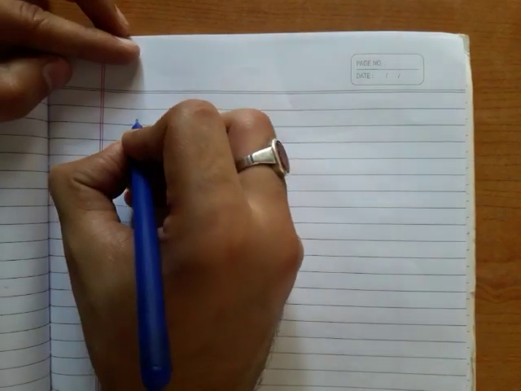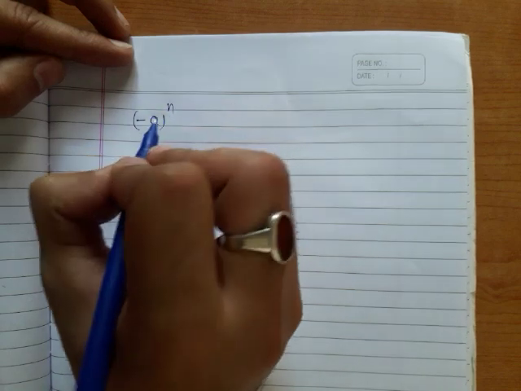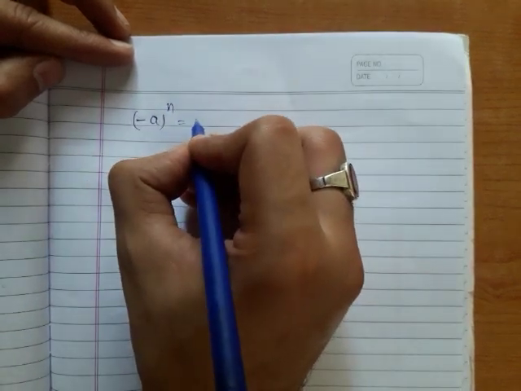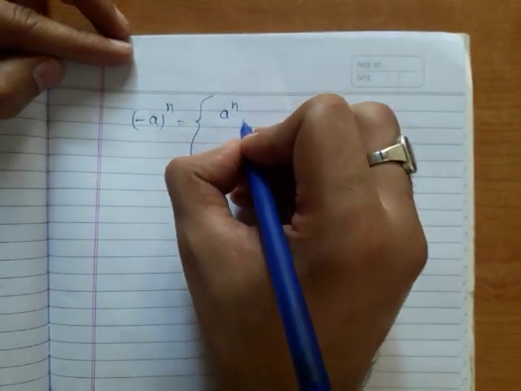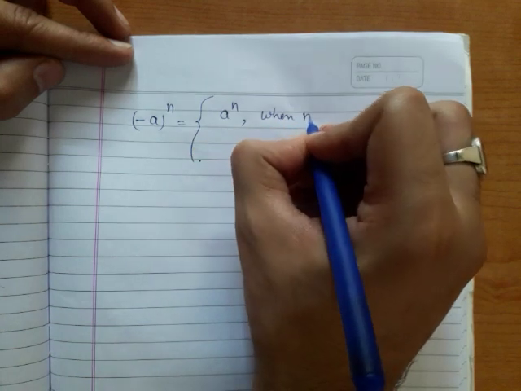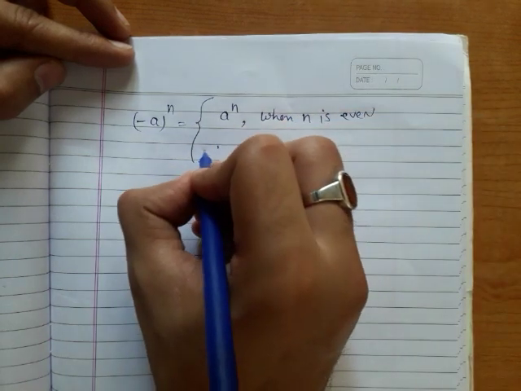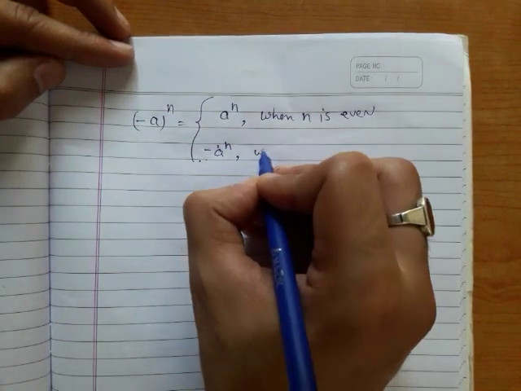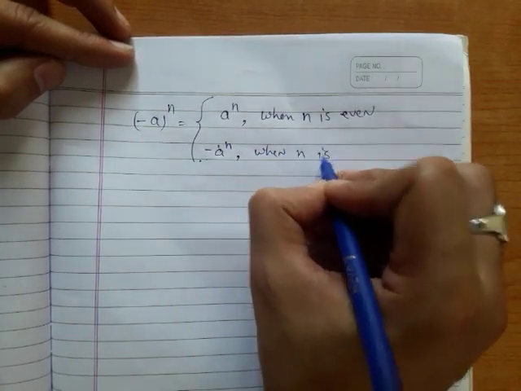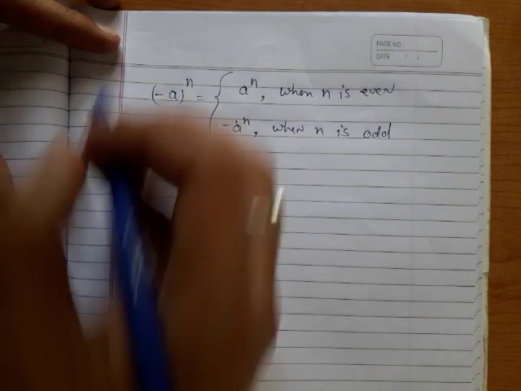So we can write that if there is an integer whose power is n, then your answer will be a raised to the power n when n is an even number, and it is minus a raised to the power n, meaning it will be a negative integer, when n is odd. So this is the rule which you can write in your register.